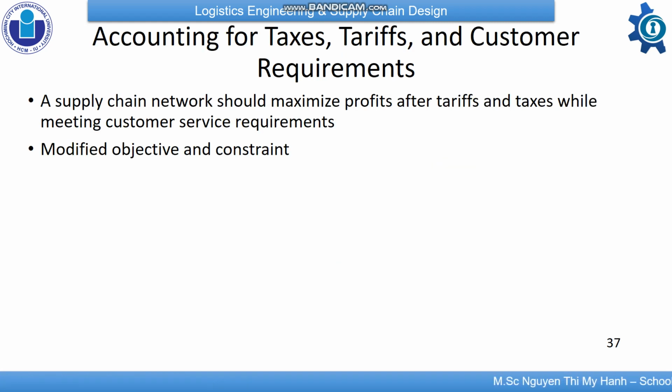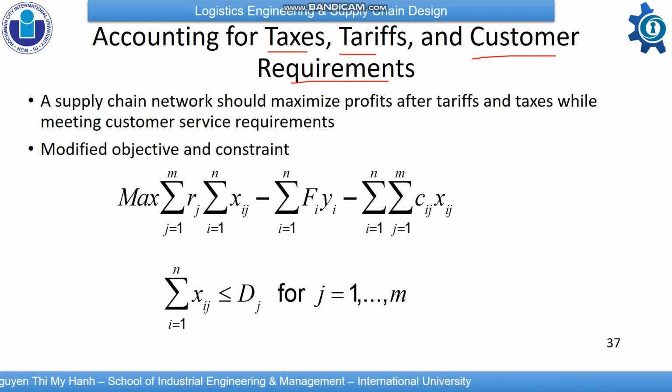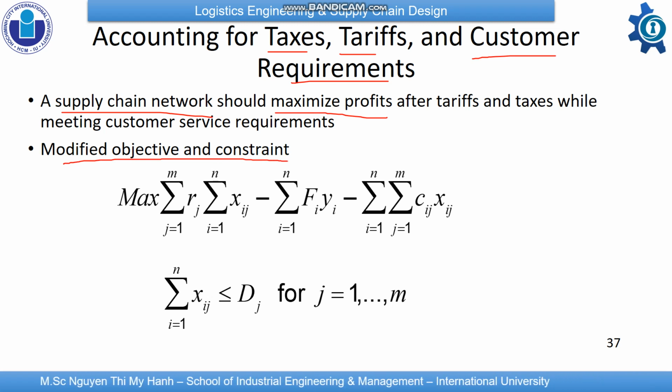Also, we can extend our model to consider tax, tariff, or customer requirements, because the main objective of a supply chain network is to maximize the profit after the tariff and tax, while we also meet the customer service requirement. So that's why we modify our objective and constraint a little bit from minimizing the total cost to maximizing the profit.